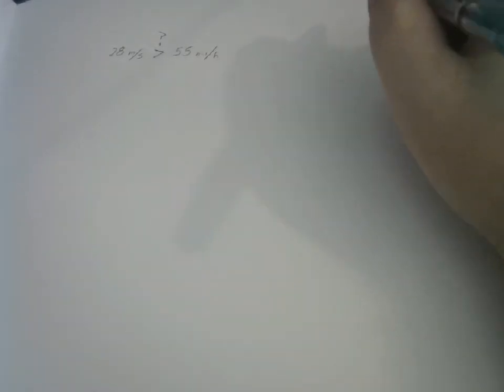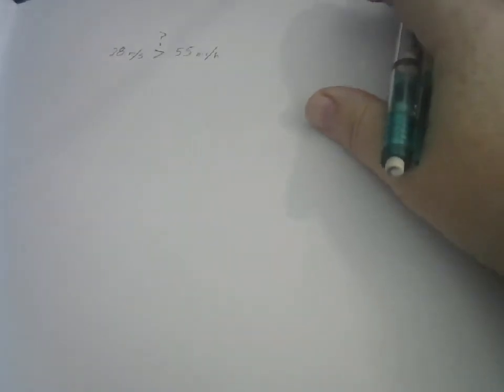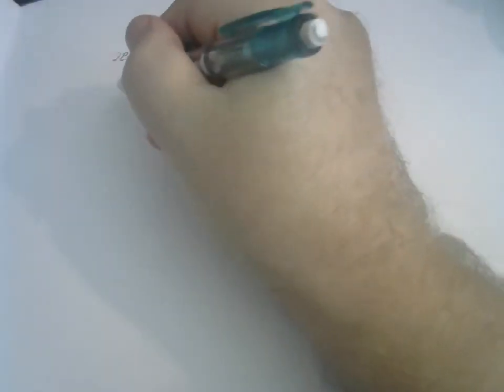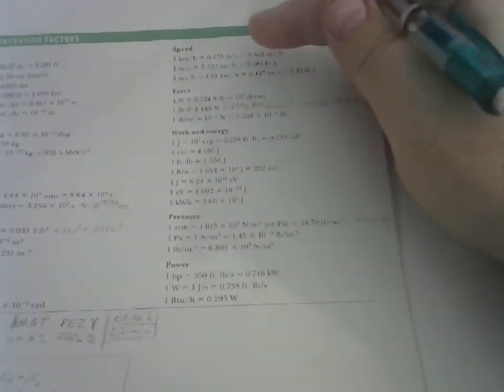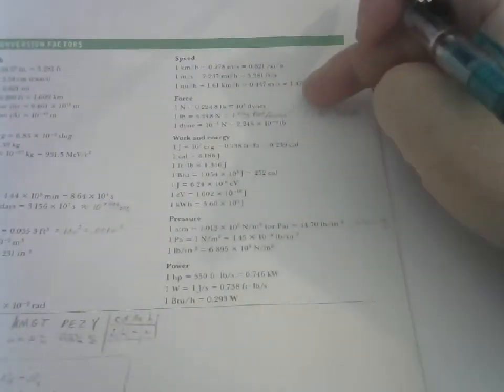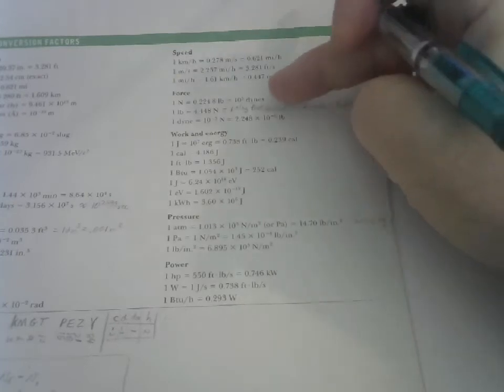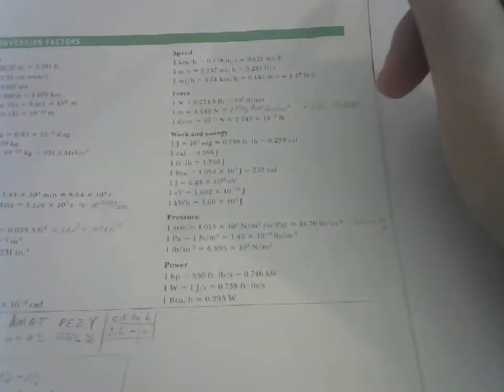Well, we can do this one of 2 ways. We can convert the 28 meters per second to miles per hour, in which case, look at this. They've got a speed column directly in this section. We can see that 1 mile per hour is 1.61 kilometers per hour.